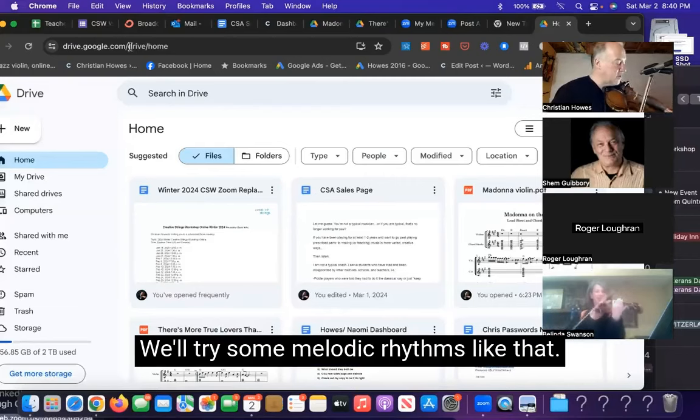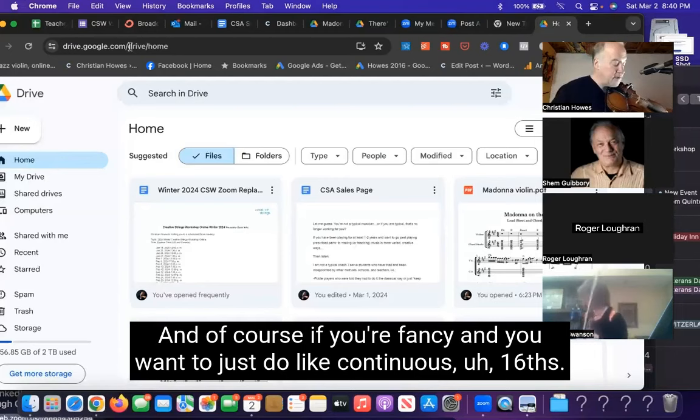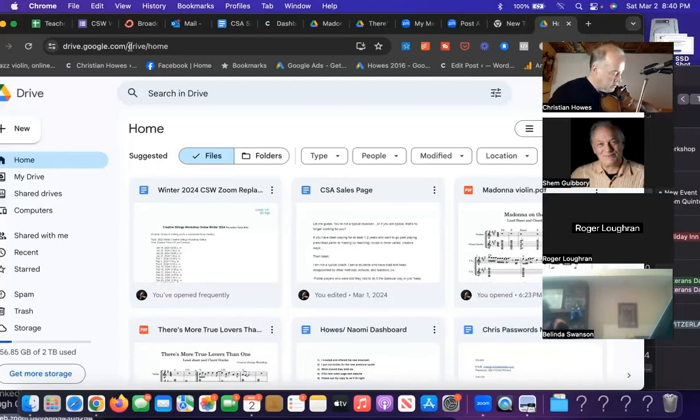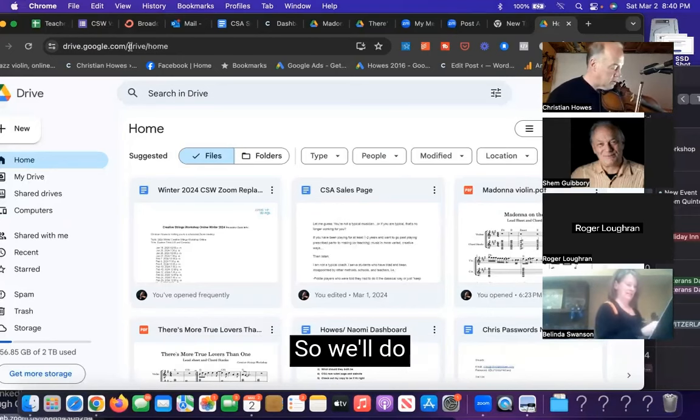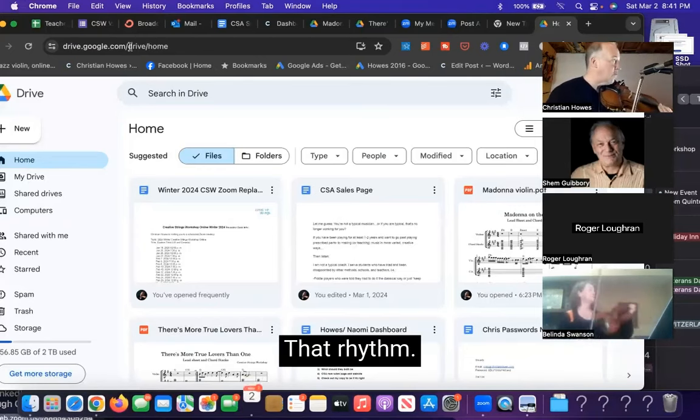We'll try some melodic rhythms like that. And of course, if you're fancy and you want to do continuous sixteenths, you can do that. Otherwise, come with me on this. So we'll do that rhythm.